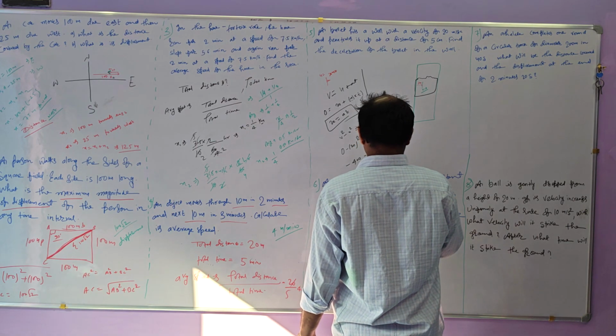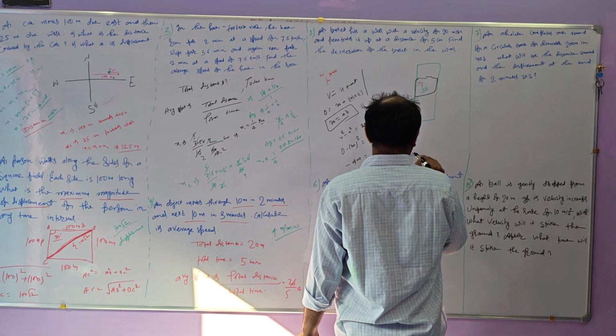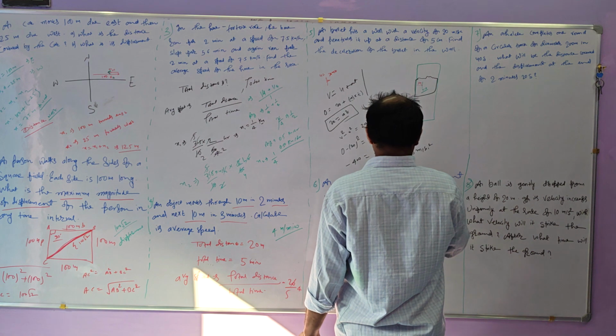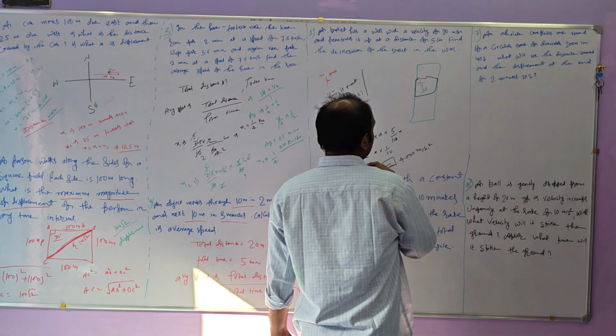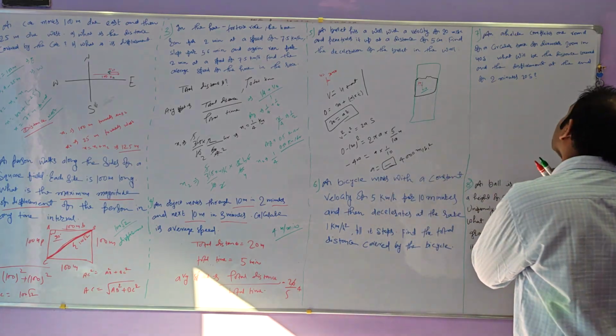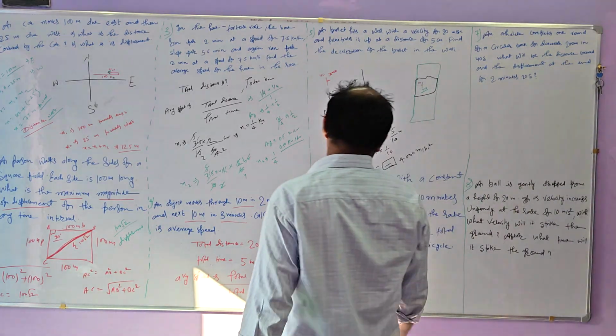So a becomes minus 4000 meter per second square, and this minus sign means deceleration, not acceleration.